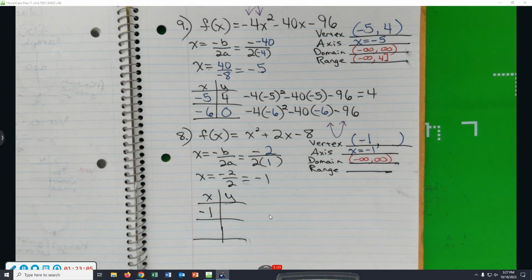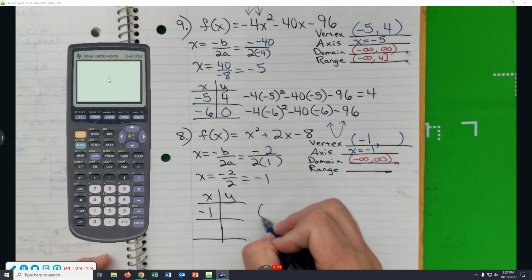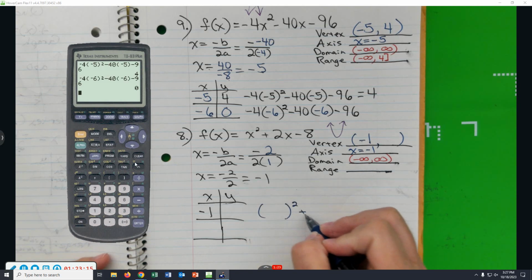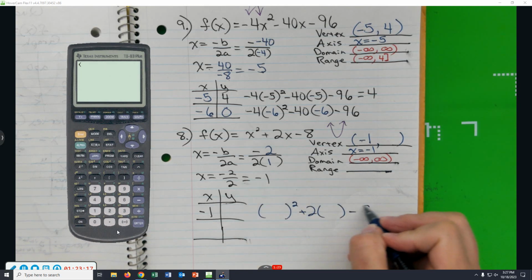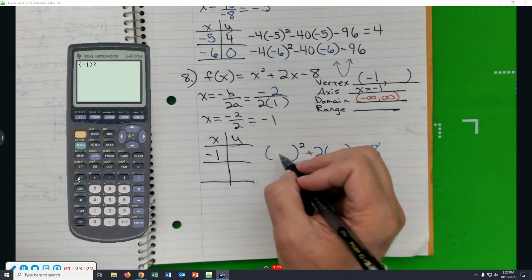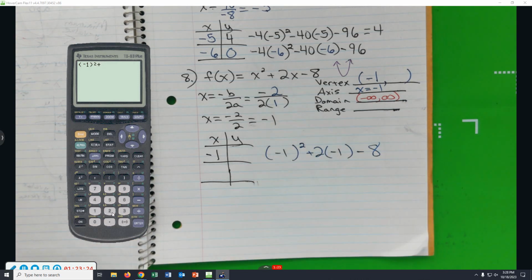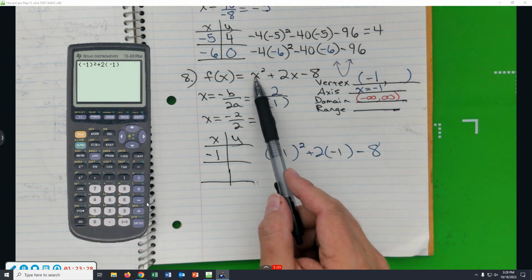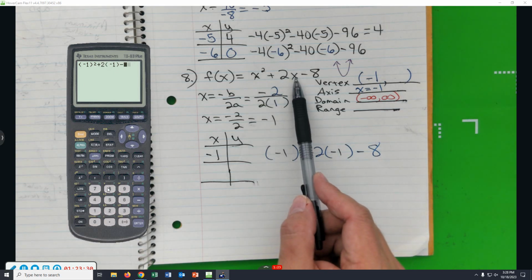We've got to plug in negative 1. Let me push this up. We're plugging in negative 1 in place of each x.